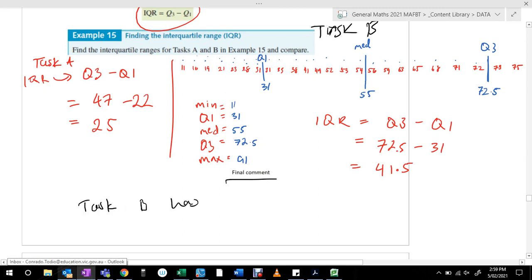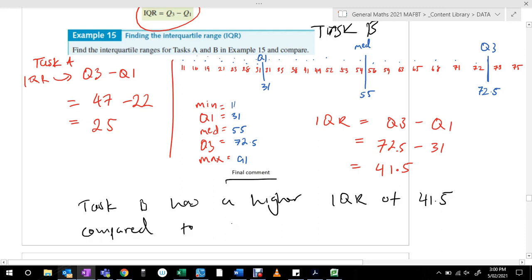Task B has a higher IQR of 41.5 compared to task A with 25. Write it down. So just write that as a final comment when you compare them. What has a higher IQR and what is it?